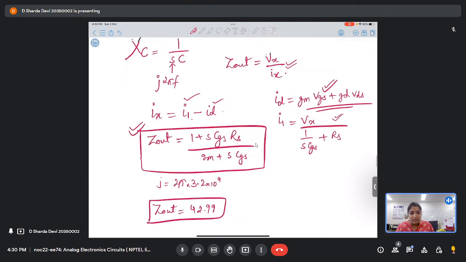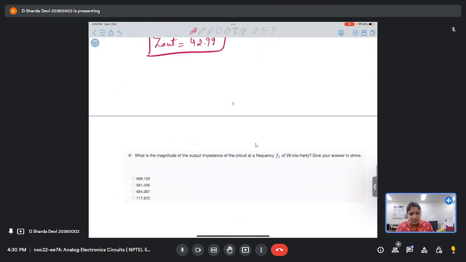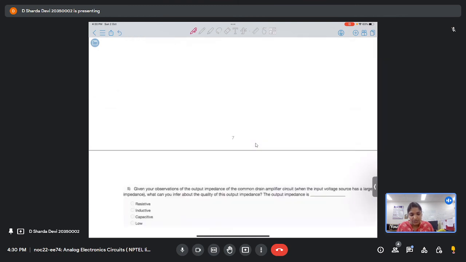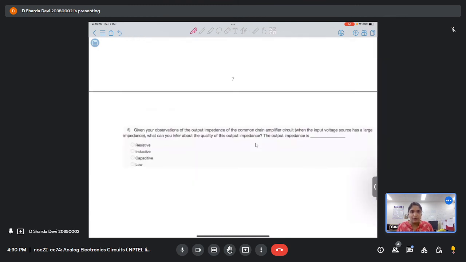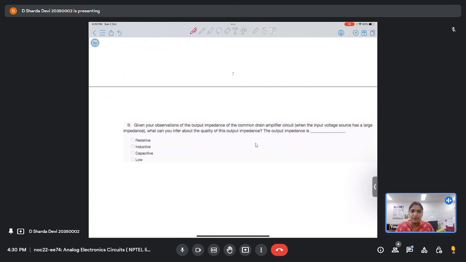So following up, the next question was simply changing the frequency in the above question. Now another question was there, which was basically looking at the trend. You have to comment on what type of behavior that circuit is showing, that output impedance is showing. Is it resistive in nature, inductive in nature, capacitive in nature, or is it very low all the time?